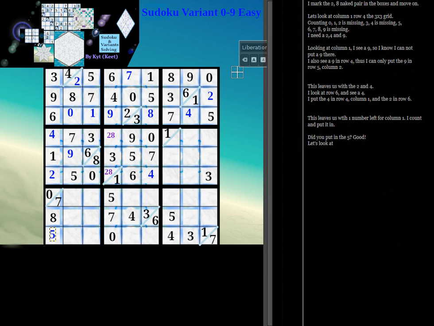Let's look at column 2. Counting 0, 1 is missing, 2, 3 is missing, 4, 5, 6 is missing, 7, 8, 9.